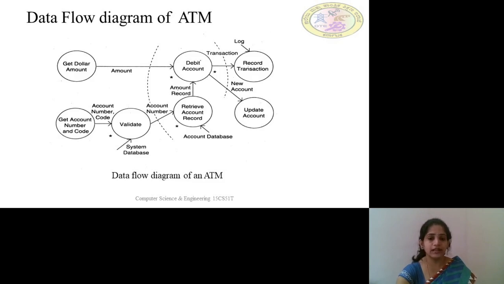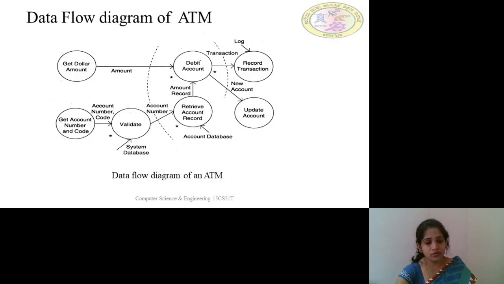If it is validated, then it goes to retrieve account record. It will retrieve or access the account record. We also have another input, get dollar amount. If it is a valid one, we can get the dollar amount that will be debited in the account. So first we have to enter a proper account number and the code.